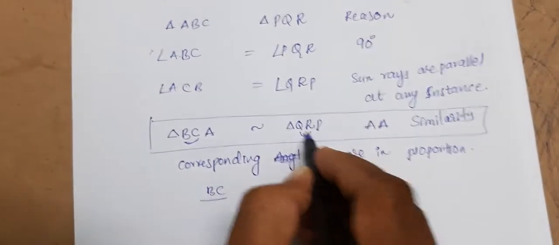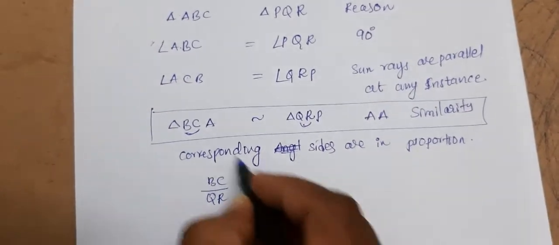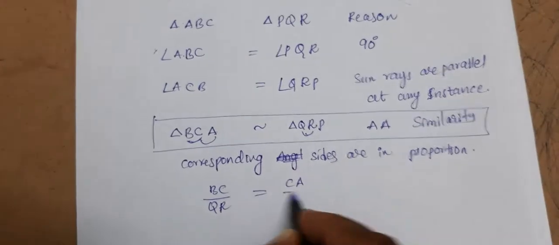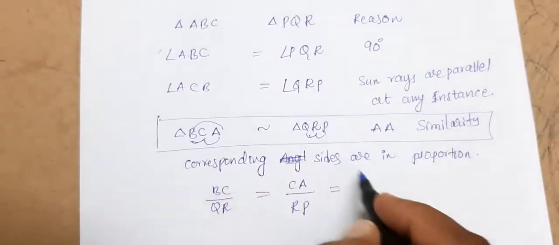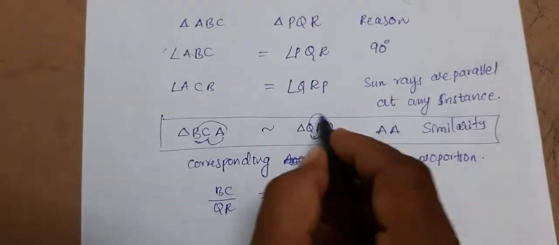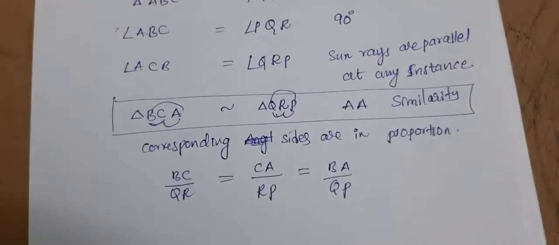BC by QR equals CA by RP equals BA by PQ. Let me insert the values.